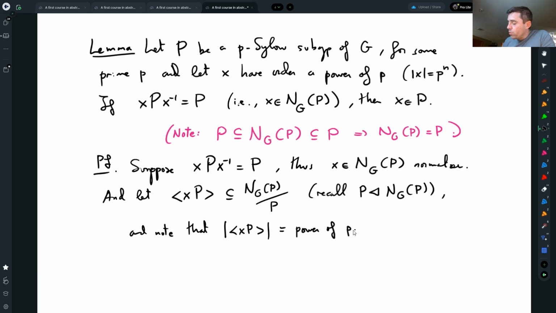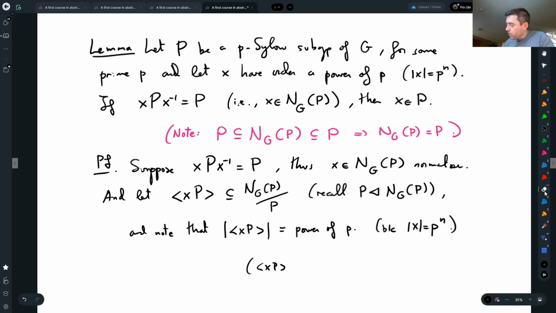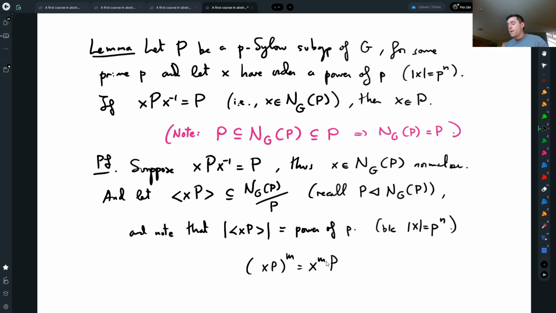I don't think the power is important, so I'm just going to write a power of p because X itself has order a power of p. So the consecutive powers of this coset, XP to the m, will be X to the m times P. And if the order of X itself is a power of p, the order of the coset will also be a power of p.